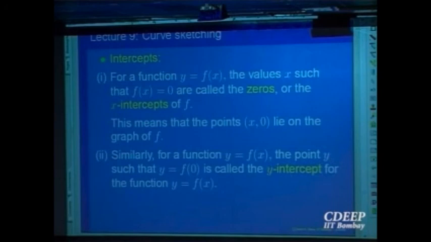And then there will be the y-intercept where the graph cuts the y-axis. Observe that there could be more than one x-intercept, but there will be only one y-intercept, right? Because the graph cannot cut the y-axis more than once, okay? Otherwise it will not be a function. So that point is there.